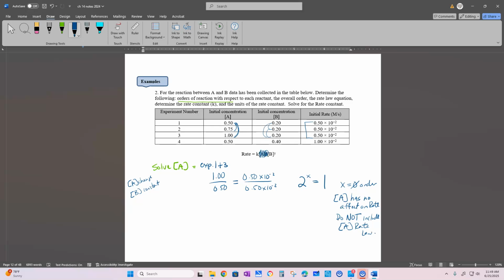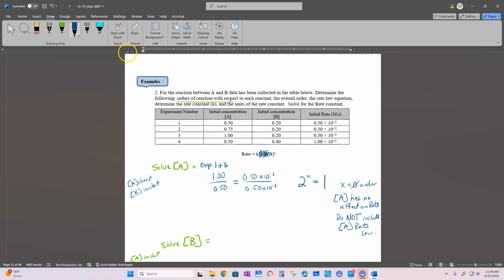So now let's see if B actually does anything. For B, we want B to change where A is constant. I'm just making a note: make sure A is constant. Let me get rid of my little brackets here.